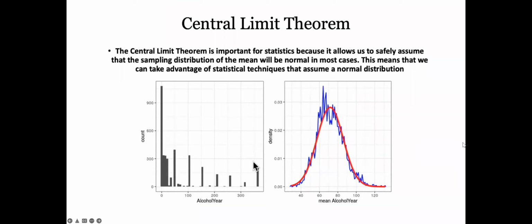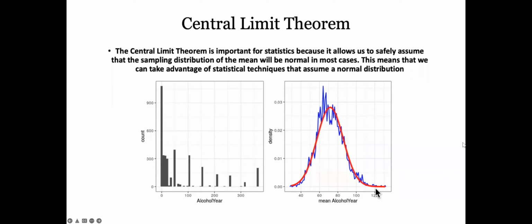Now, this does not look at all like a normal distribution, and we would not be able to use our standard statistical techniques on this graph. However, if I start sampling this data, in other words, if I get 50 random samples from this data over and over again, and I sample it repeatedly, I will start to get a graph that looks like this.